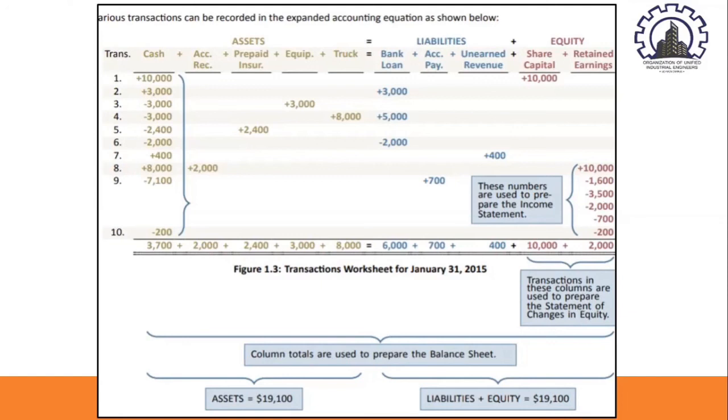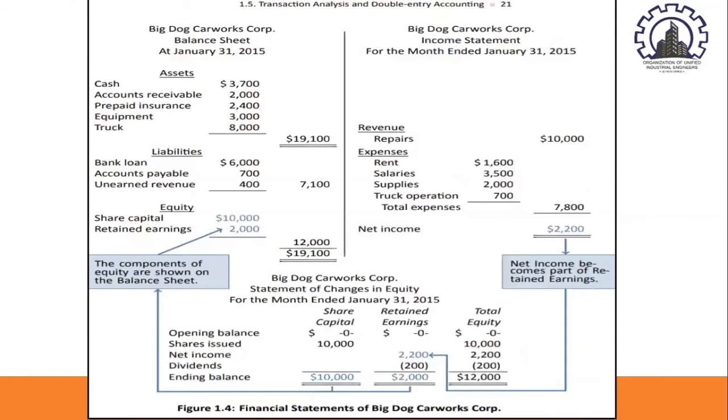So if you calculate everything, your total assets would be $19,100, which balances your liabilities plus owner's equity of $19,100. Okay, so that's what we call double entry accounting. This is another way to look at it.